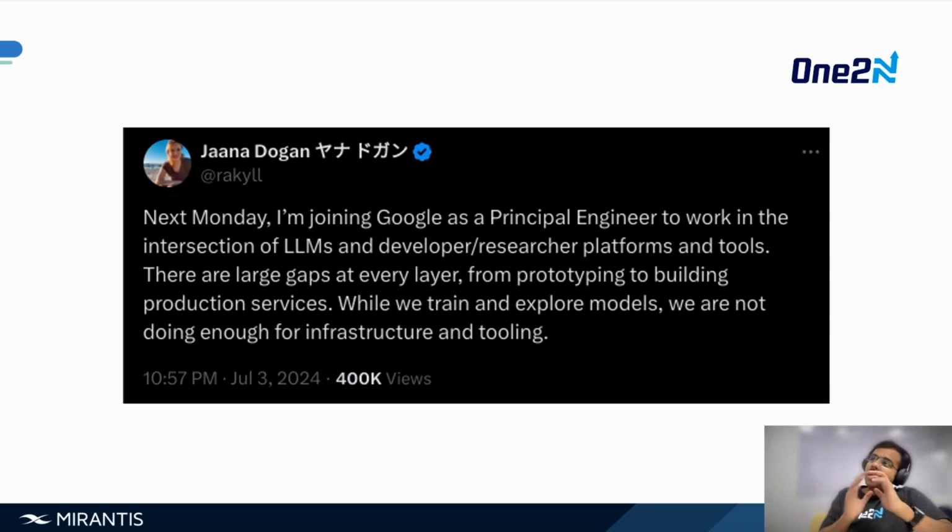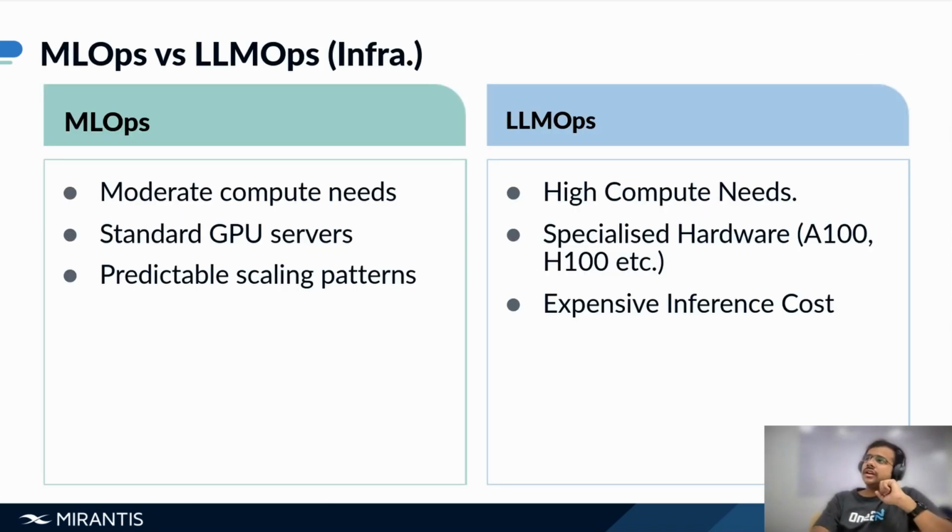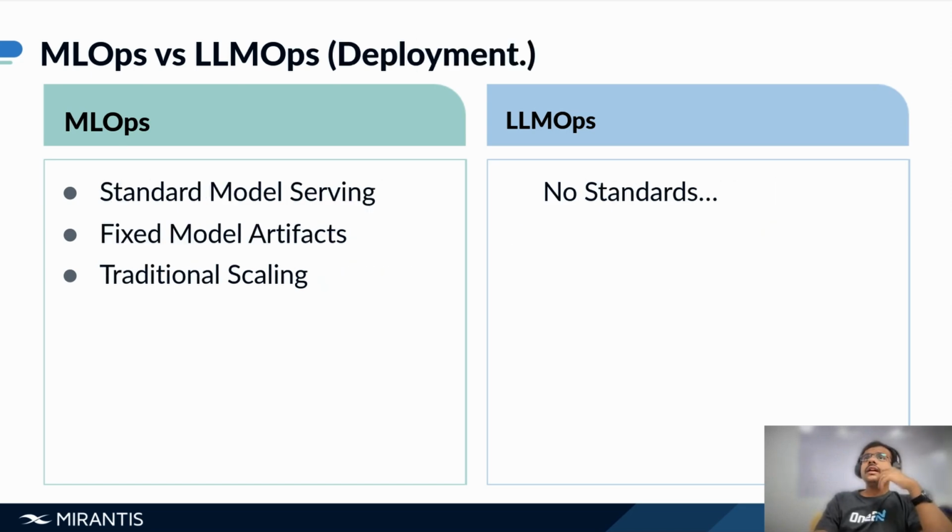But we have not done much when it comes to infrastructure and tooling. When it comes to infrastructure, LLMOps really has higher compute needs. It requires very specialized GPUs such as A100, H100, which are really expensive to procure in the first place, and then the inference cost as well is pretty high.